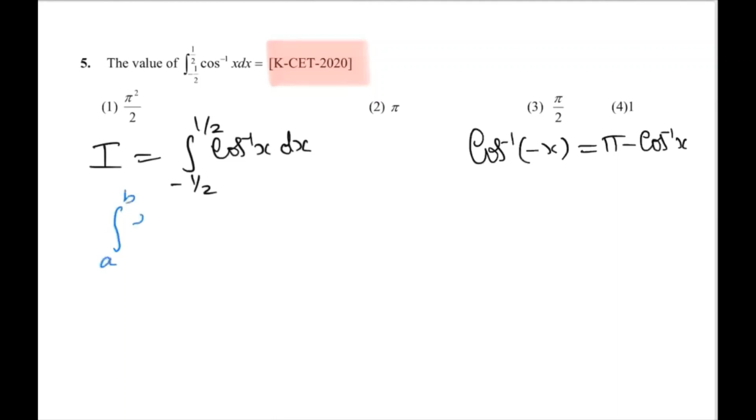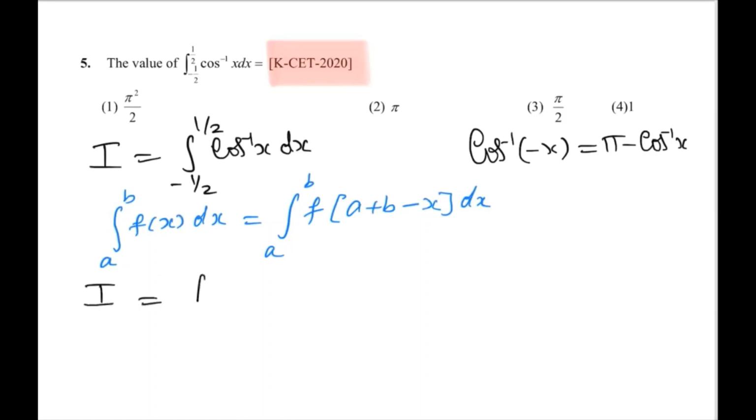Integral a to b f of x dx is the same as integral a to b f of a plus b minus x dx. So now this reduces to integral minus 1 by 2 to plus 1 by 2 cos inverse of, wherever x is there, replace it by sum of the limits minus x.